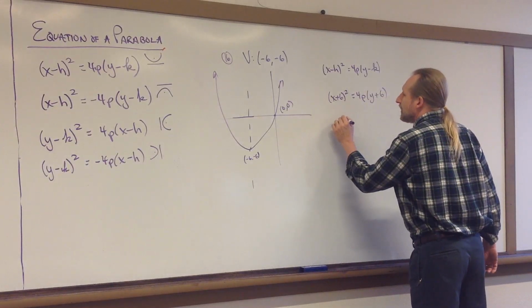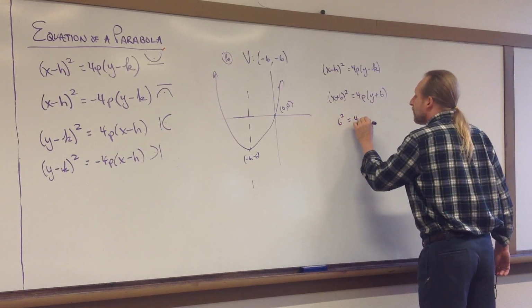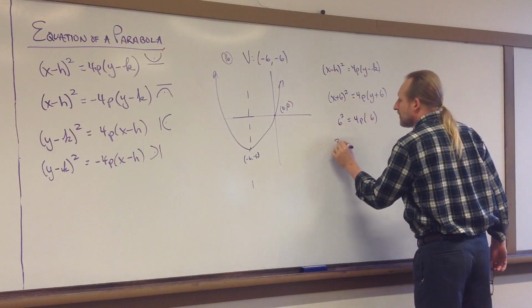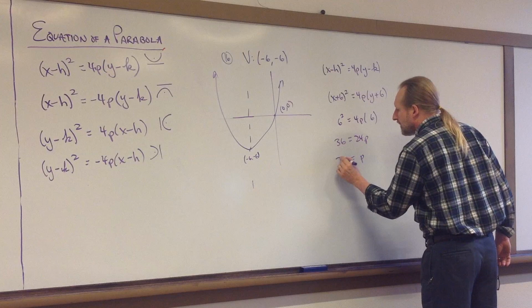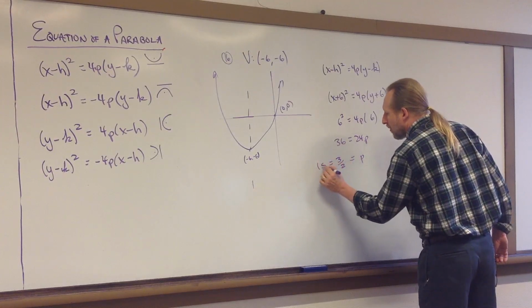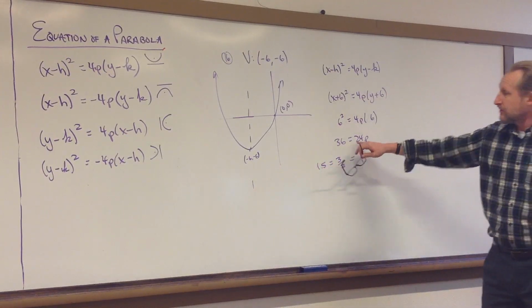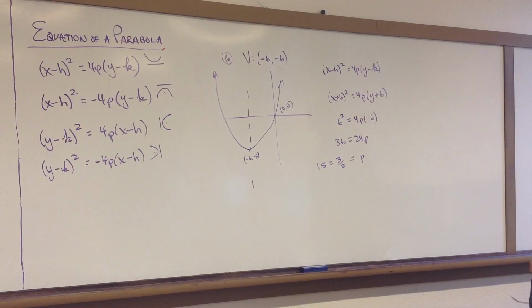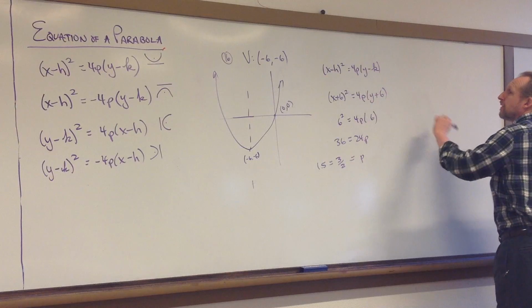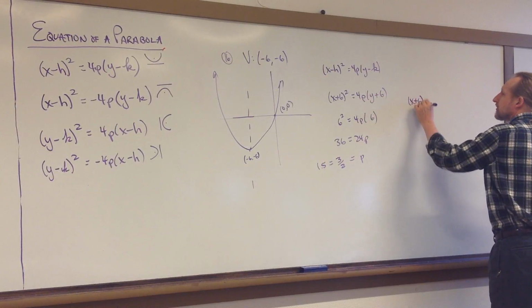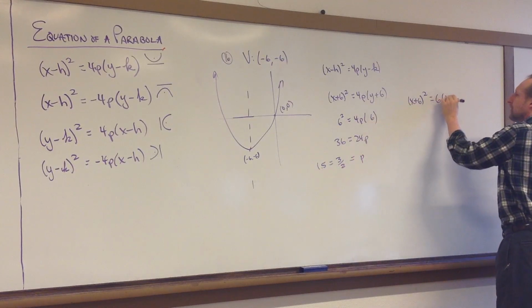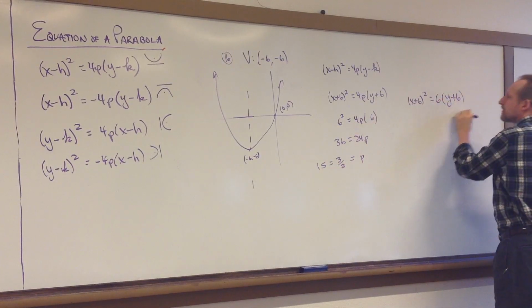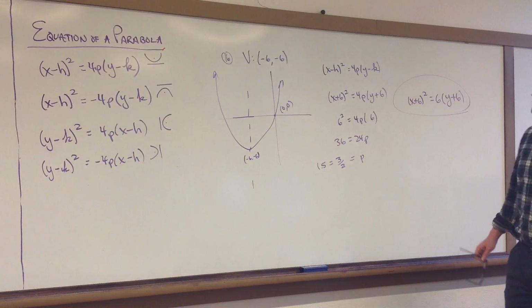So this one is 6 squared, 4p times 6, 36 is 24p, and p is 3 over 2, or 1.5, right? Divide on both sides by 24, and you'll get 1.5 for the value of p. So now we go back and plug it in here. x plus 6 all squared. 4 times 1.5 is 6. y plus 6. And there we go.